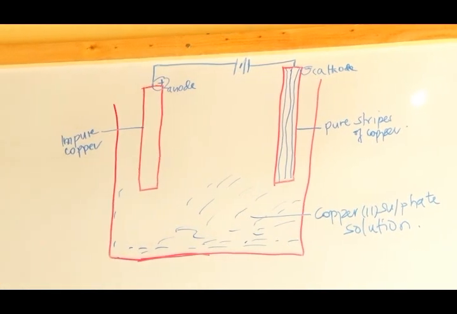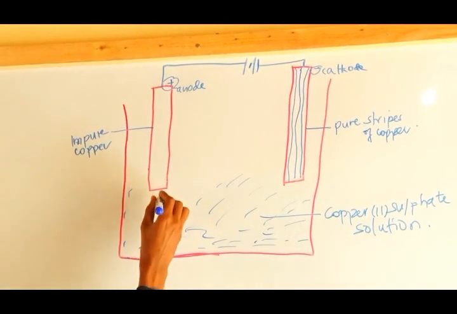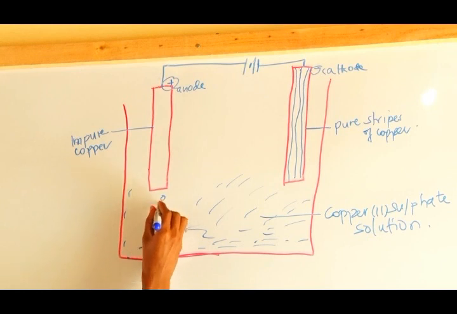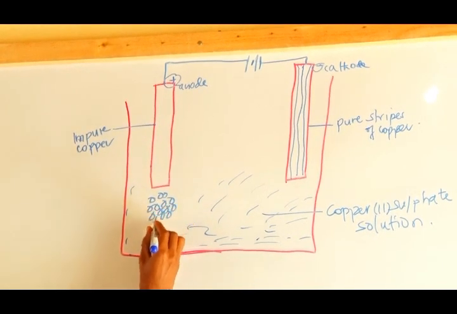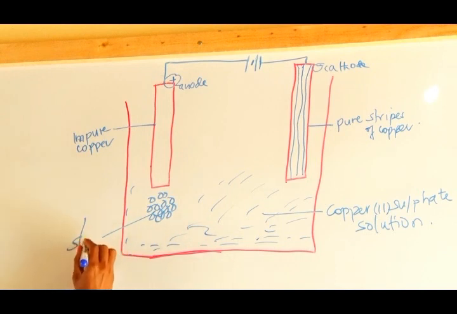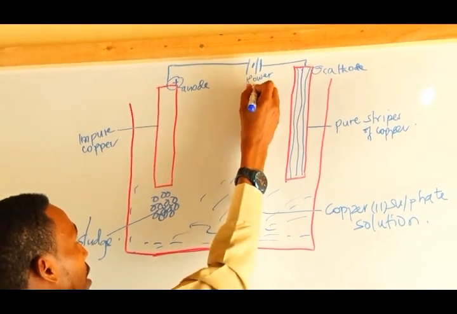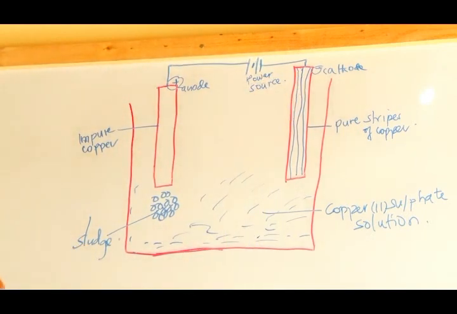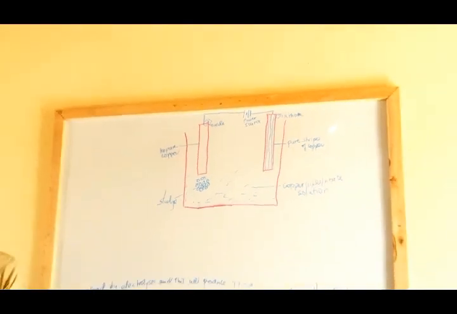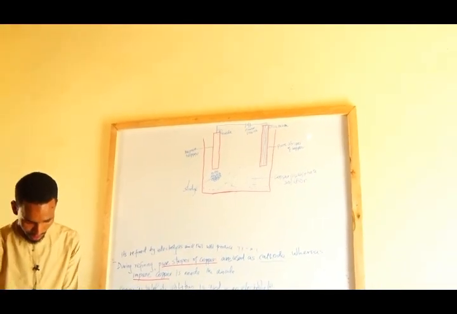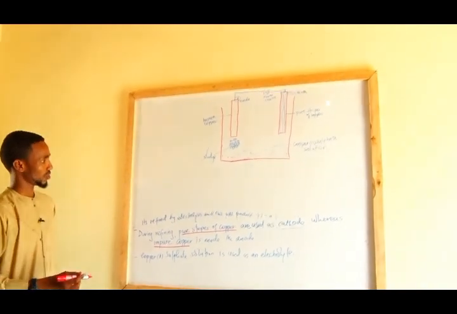And then at this juncture here, we have something called sludge. Yes, this is a power source. So what will happen?